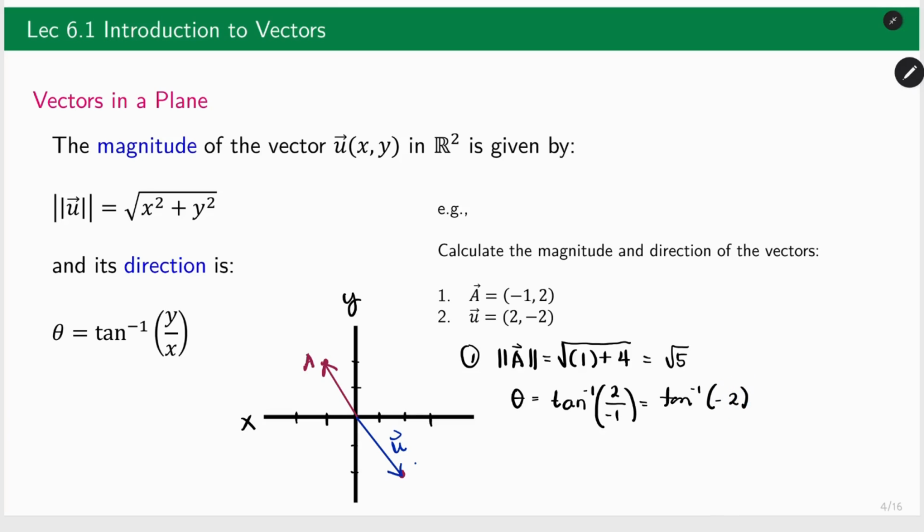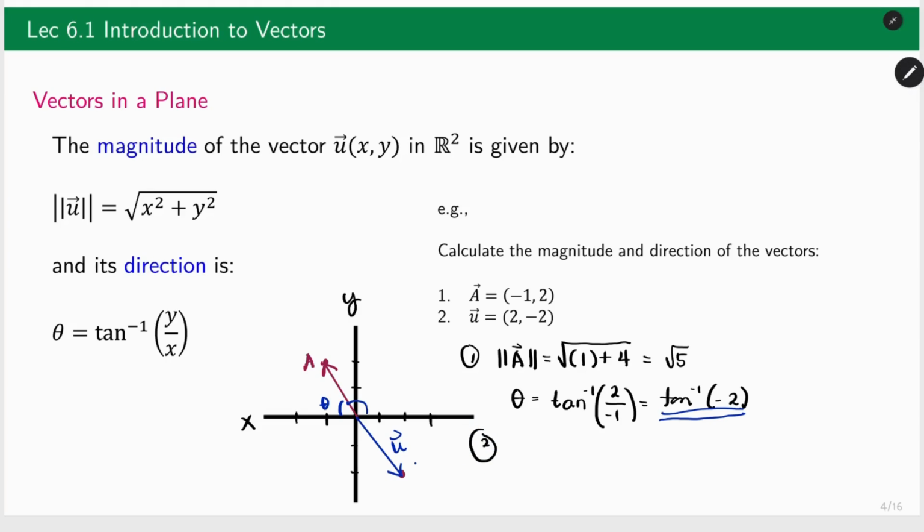In linear algebra, it's fine if we do not get the exact value of arctangent -2. Whichever value comes from the calculator, just adjust it, because the arctangent function doesn't cater to all possible values, as it is limited to a certain domain and range. In linear algebra, it's fine if you write arctangent -2.